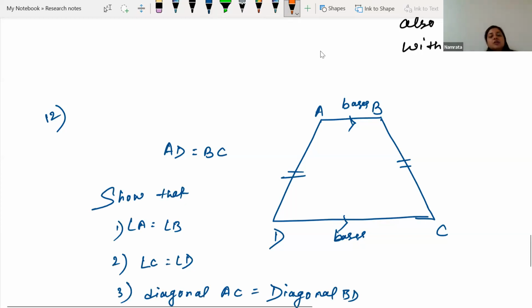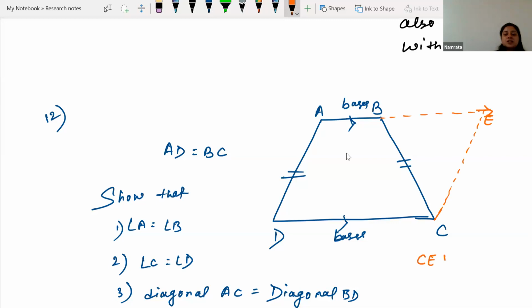For proving these parts, we need to do one construction over here. We will draw like this. Okay, we will do one construction like this. Let's say this is CE. Now we are saying CE is parallel to AD. We have done the construction in such a way that CE is parallel to AD.